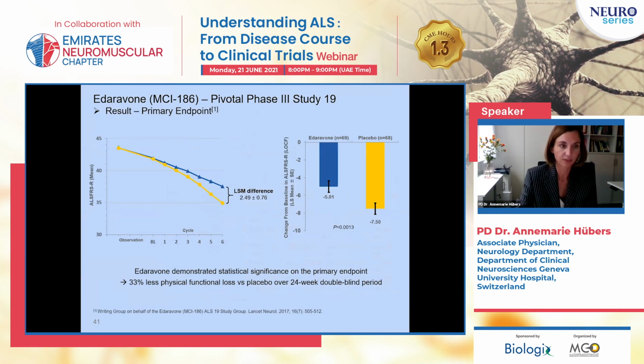And after 24 weeks of the double-blind study, patients in the Edaravone group showed a better ALS-FRS score than patients in the placebo group, which means around 30%, about 1/3 less physical function loss in the Verum group compared to placebo.